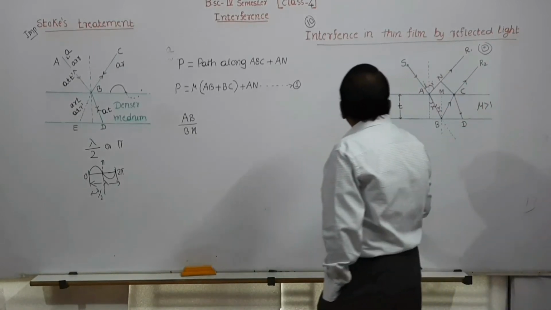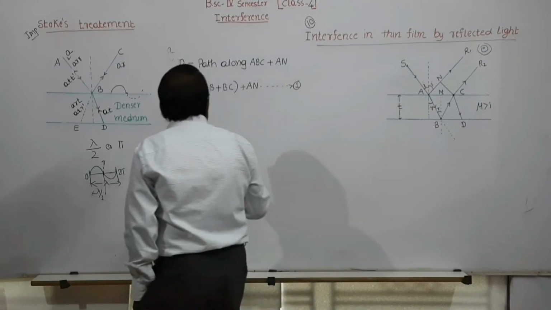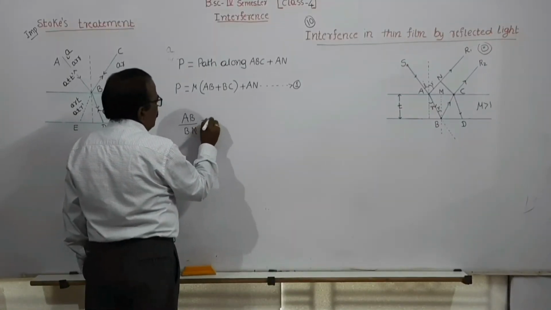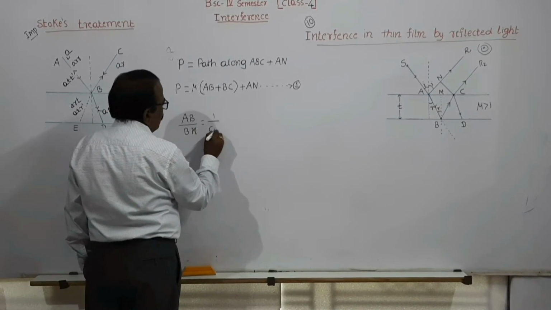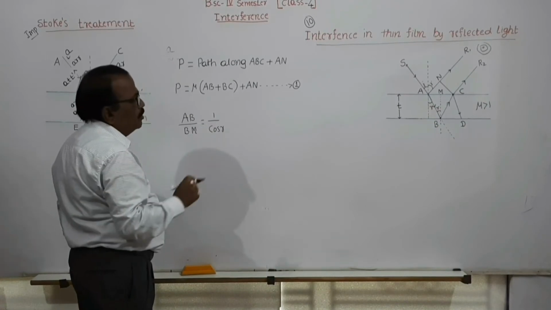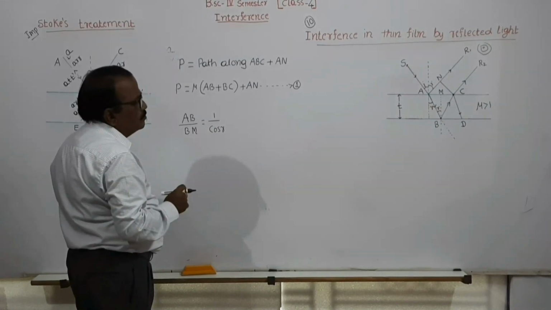AB upon BM is 1 upon cos R, because BM upon AB is cos R.